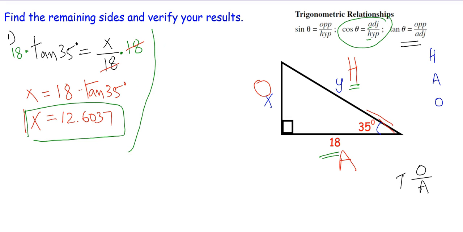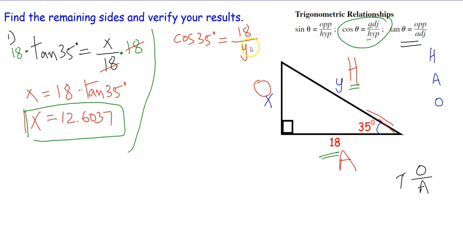Cosine 35 degrees equal to adjacent side, 18, over hypotenuse, y. So this changed into an equation with a variable y. Cosine 35 equal to adjacent side over hypotenuse, 18 divided by y.